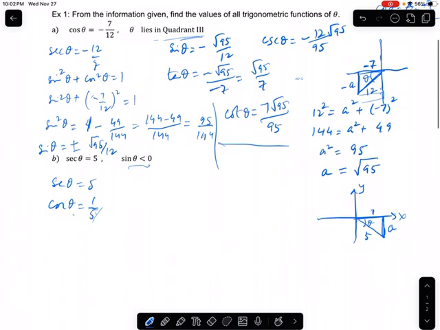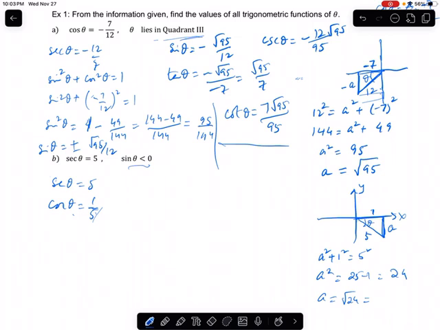So we have a square plus 1 square is equal to 5 square, or a square is equal to 25 minus 1, which is 24. So a will be equal to square root of 24, which is 2 times square root of 6. This a will be negative; when you put it here, you will have to have a negative sign with it.